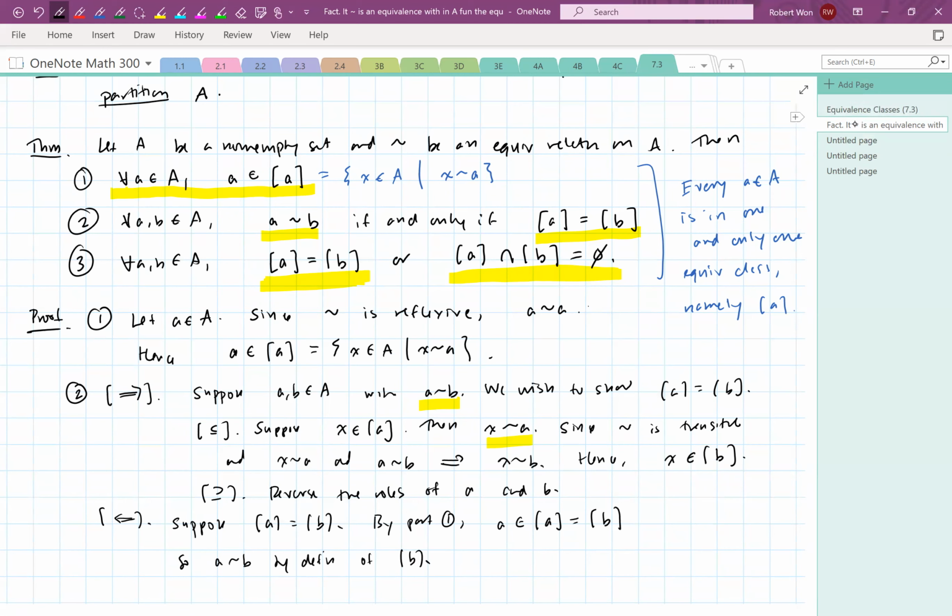This theorem, again, precisely says, if you read through the definition, that if you take all the equivalence classes, these partition A. So all I've done is state it in the language of partitions.